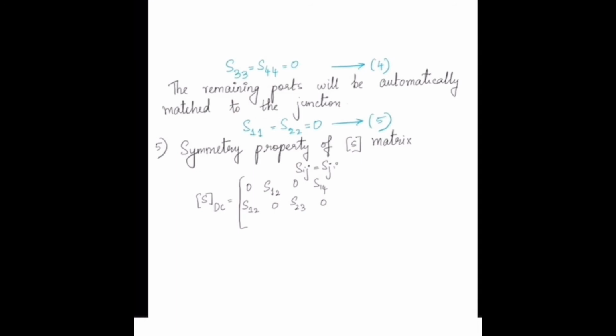Then S12, S23, then S33 will be equal to 0, then S32 will be equal to S23, then 0, S34.